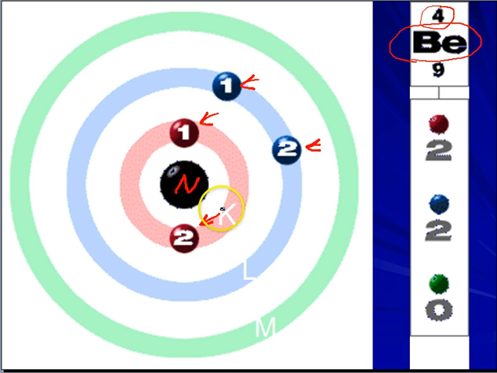So you notice here's the K shell. It's kind of hard to see, so let me go to a different color, a little bit wider.